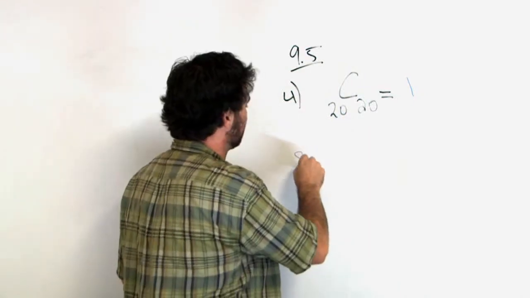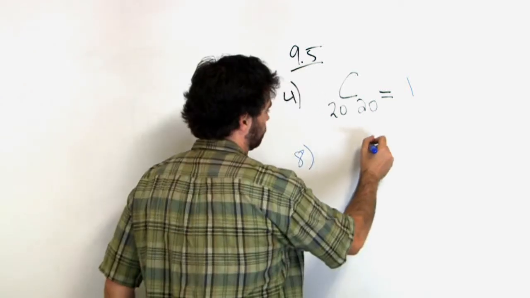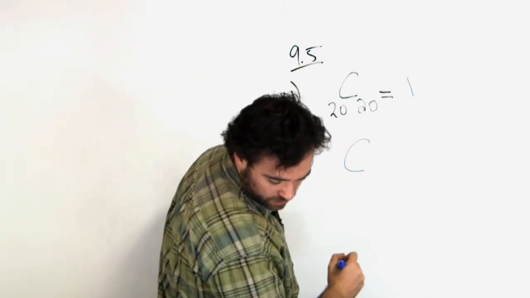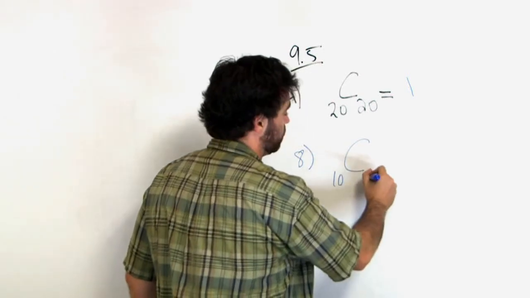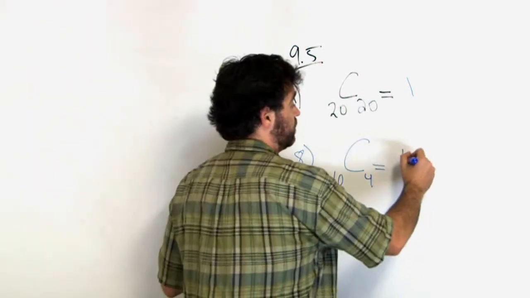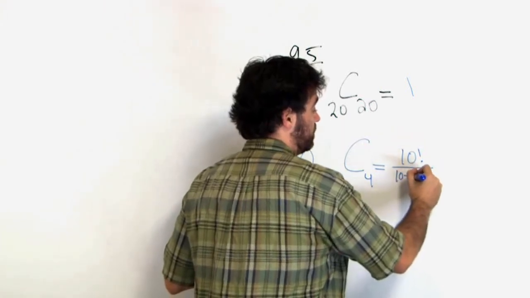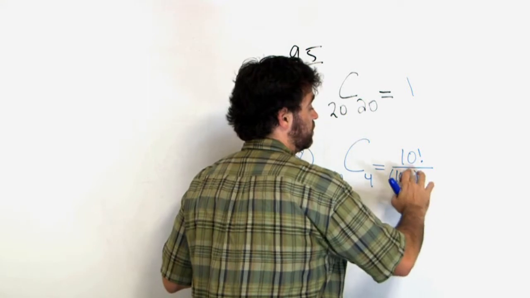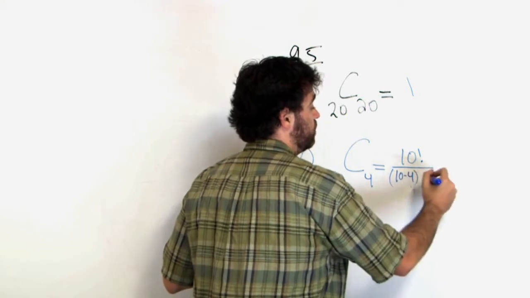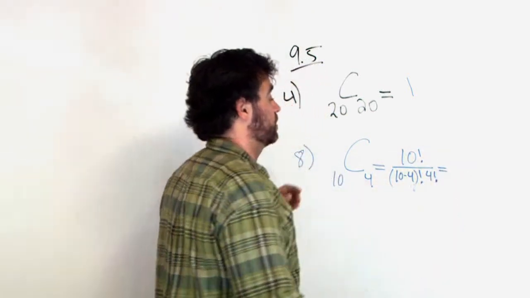Next number was number 8. We're given 10 choose 4. We put it into the formula, and we know it's going to be 10 factorial over 10 minus 4 factorial times 4 factorial.